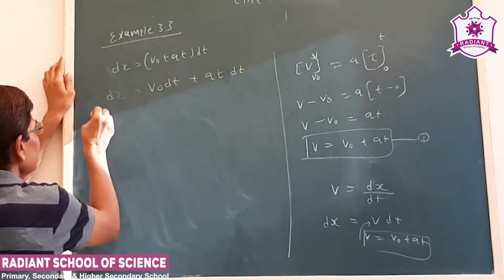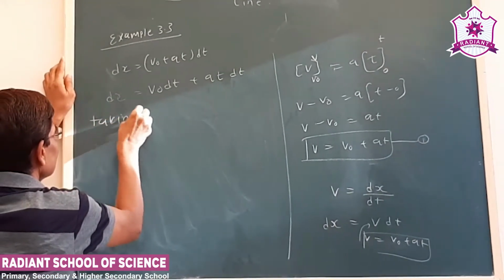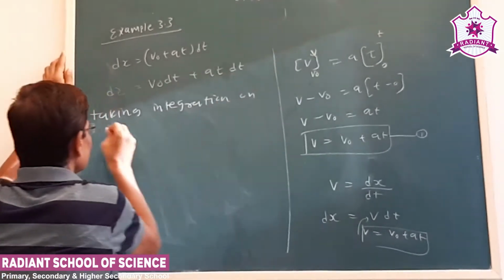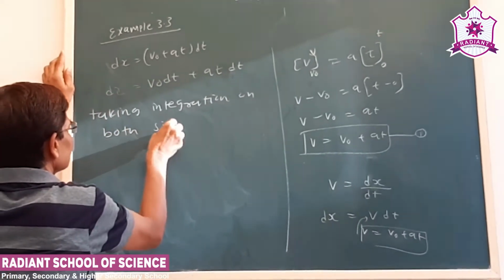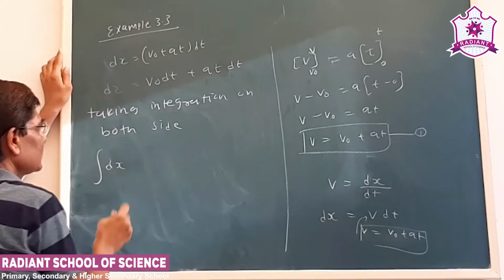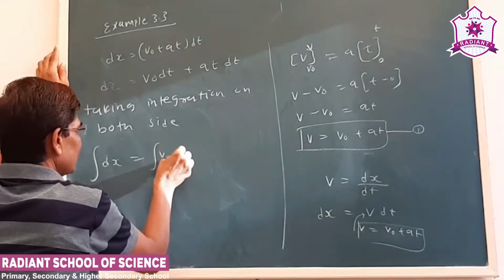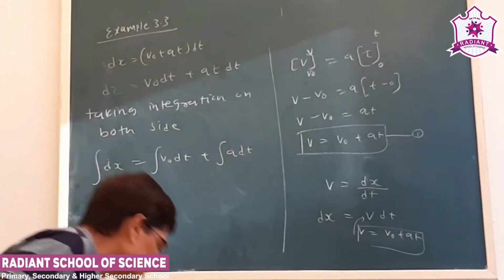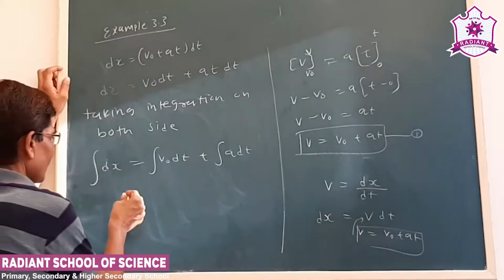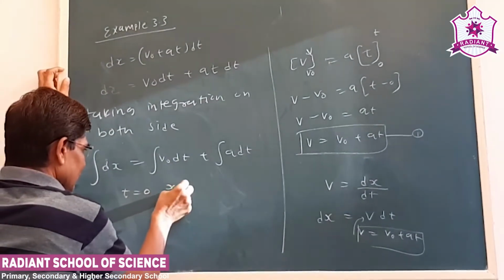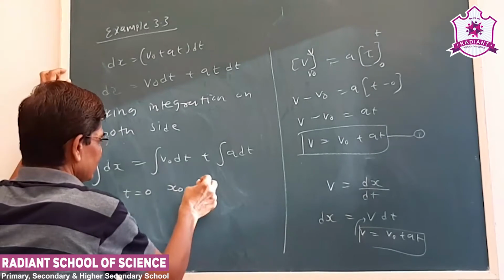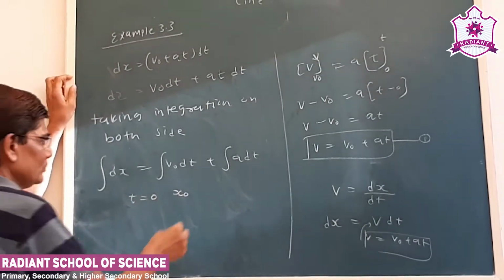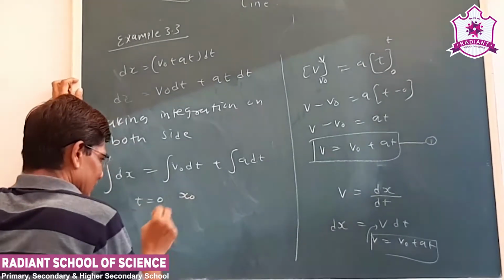Now taking integration on both sides, that is integration dx equals integration of v0 dt plus at dt. Now we assume that at t is equal to 0, position is x0 and velocity will be v0.